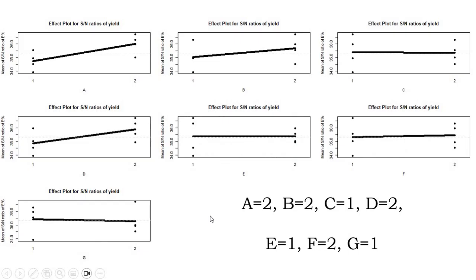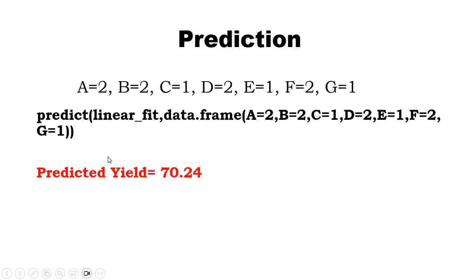So once we do the prediction using this particular setting, the predicted yield is 70.24. That means if we use this particular setting, the yield that is predicted is 70.24.